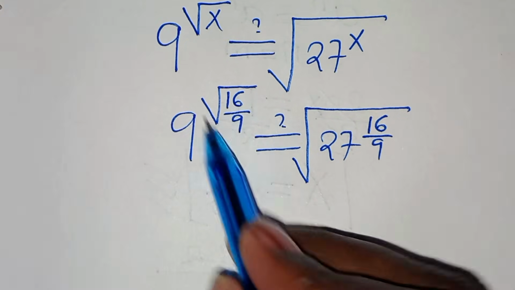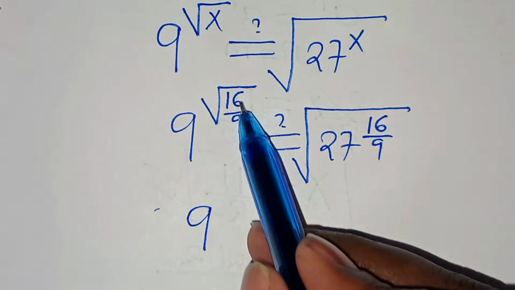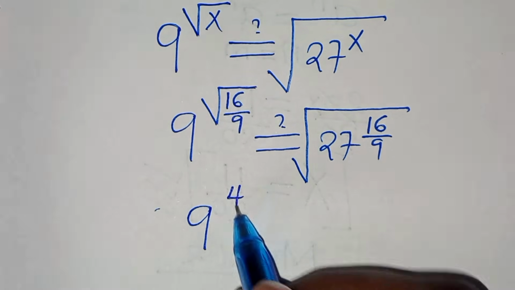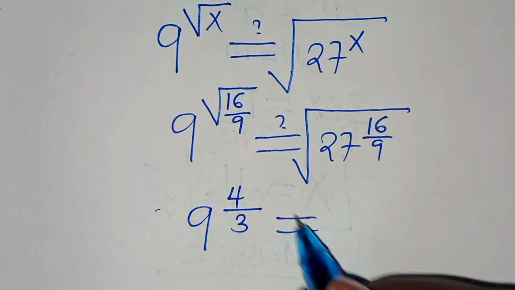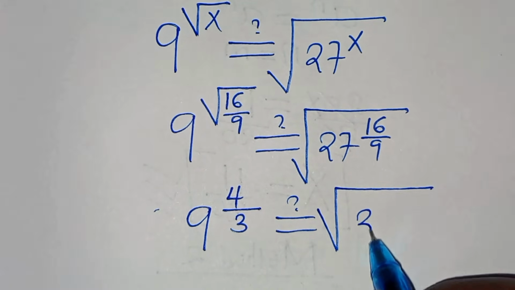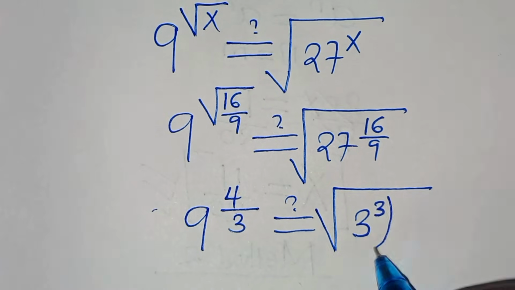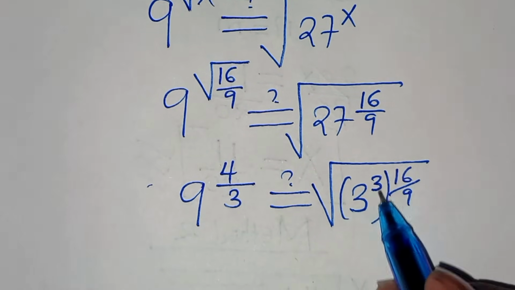Now, the square root of 16 over 9, this is the same thing as square root of 16, this is 4, divided by square root of 9, which is 3. So we have 9 to the power of 4 over 3. And this should be equal to the square root of 27, which is 3 to the power of 3, raised to the power of 16 over 9. So let's simplify here.